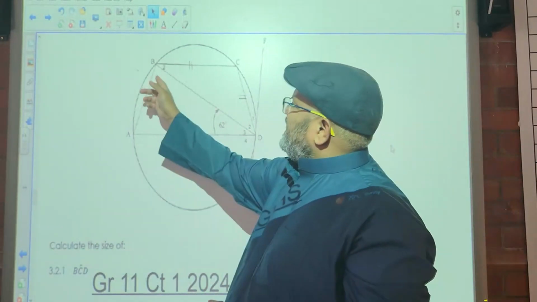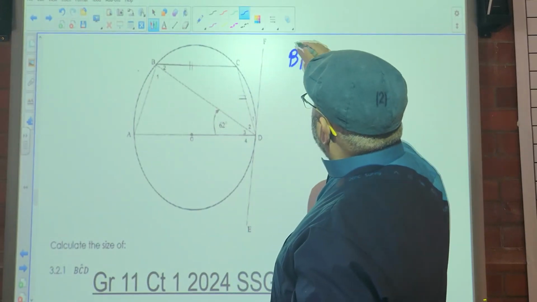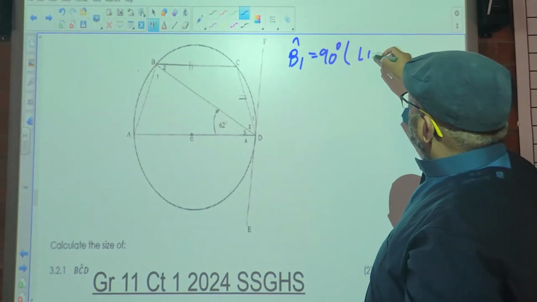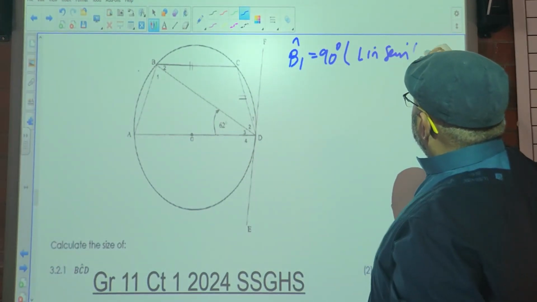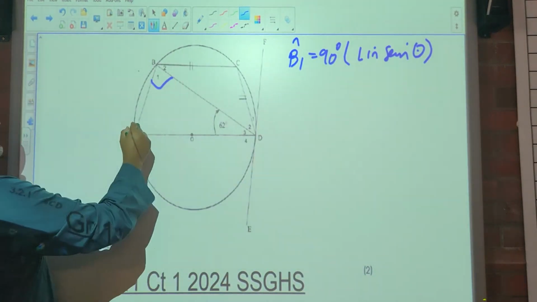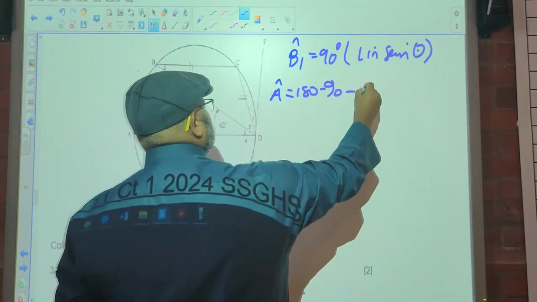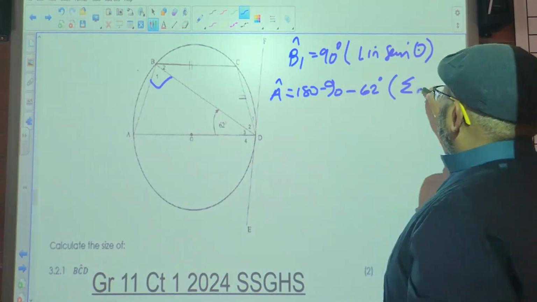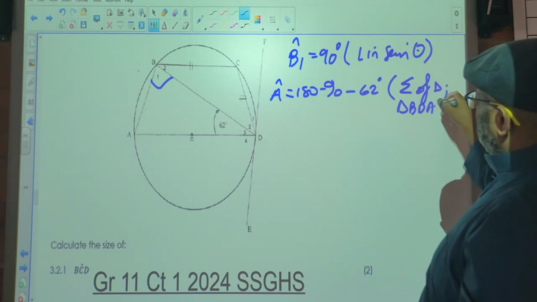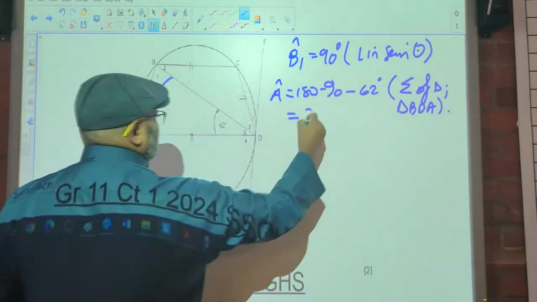But we know that angle B1 is 90 degrees. Why? Angle in semicircle. Then angle A is equal to 180 minus 90 minus 62. Why? Sum of angles of a triangle, and it is triangle BDA. Which gives us 28 degrees.